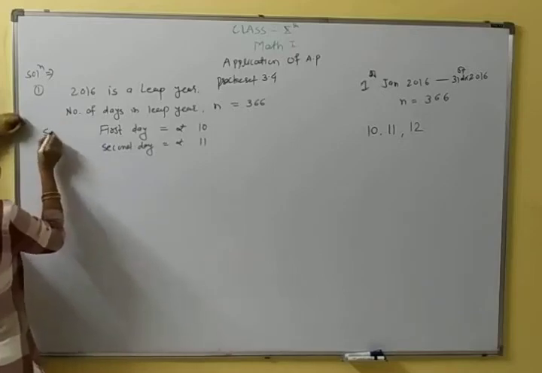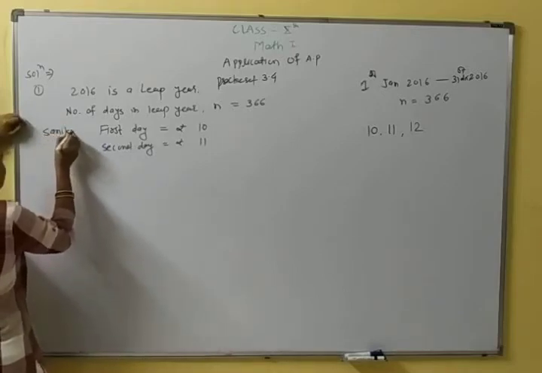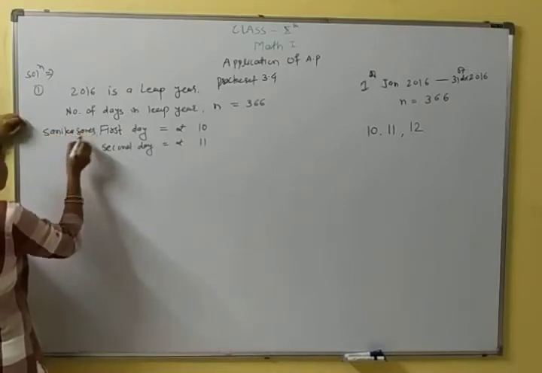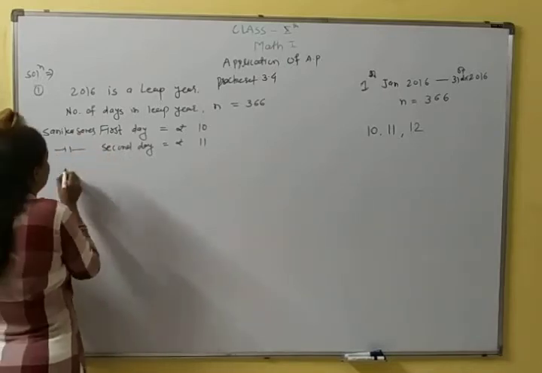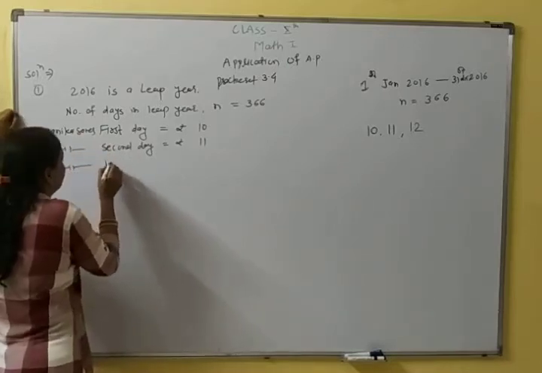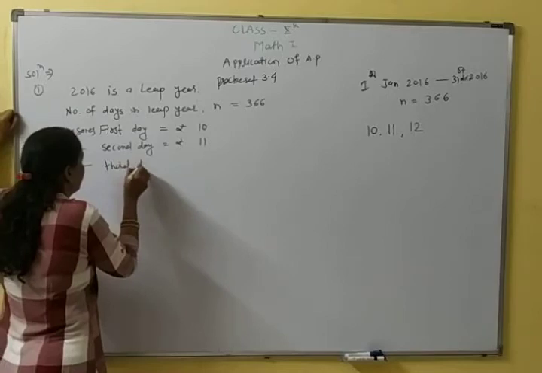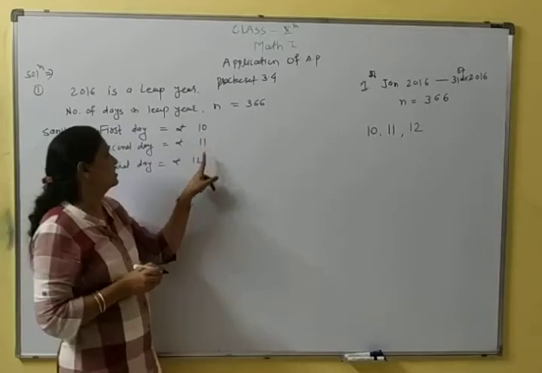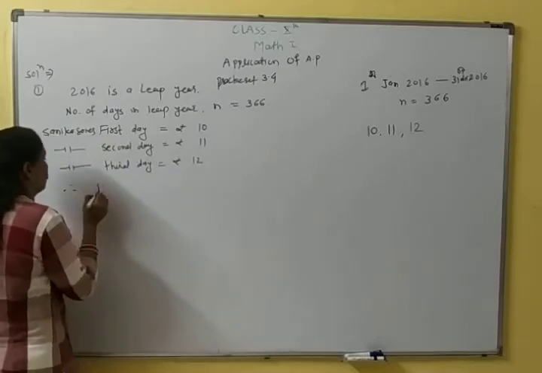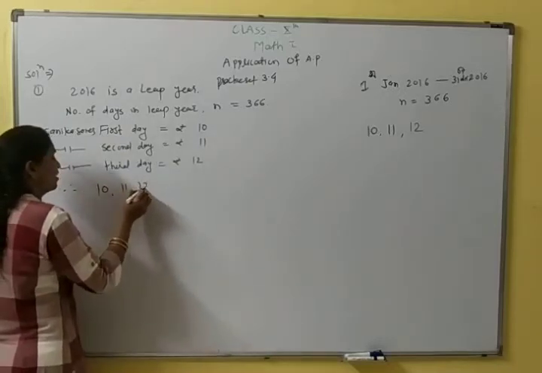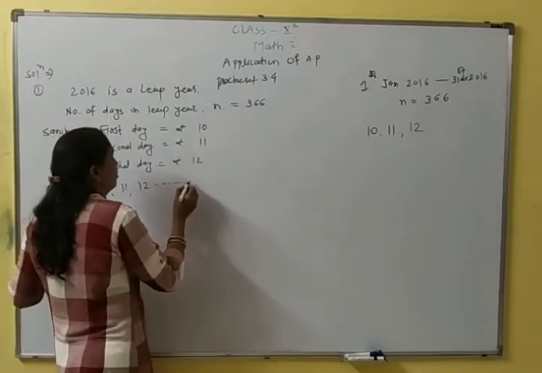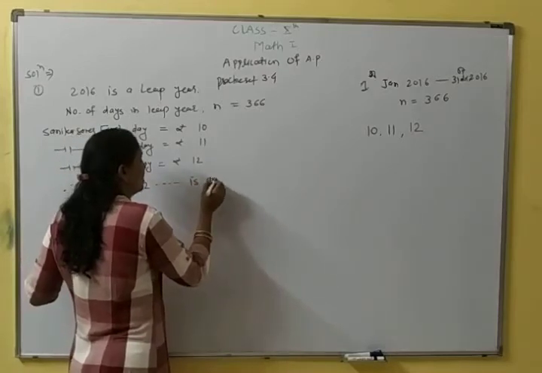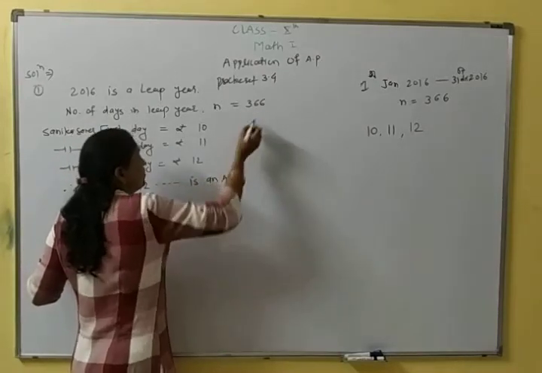Sanika saves first day rupees 10, second day 11 and third day rupees 12. So this sequence is an AP. Therefore 10, 11, 12 and so on is an AP.